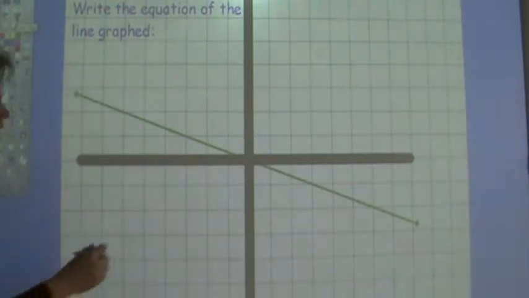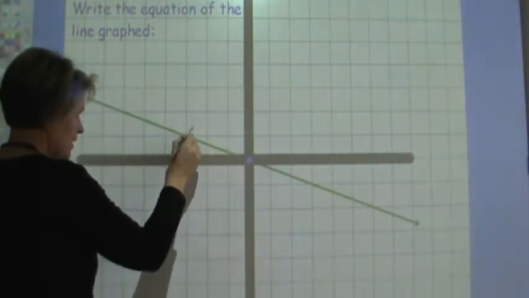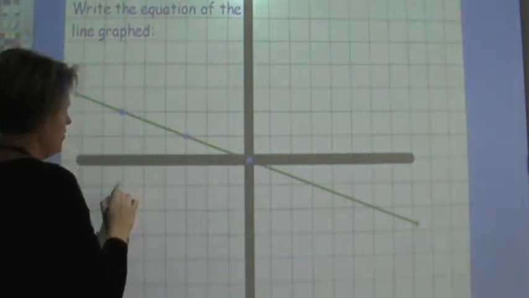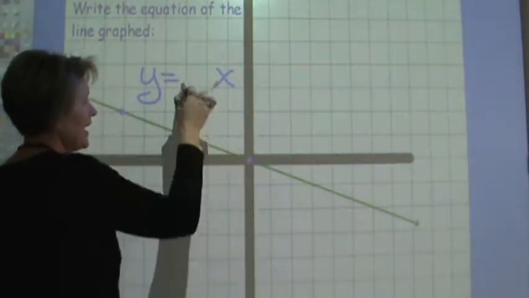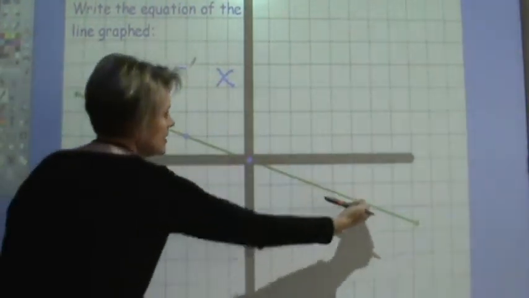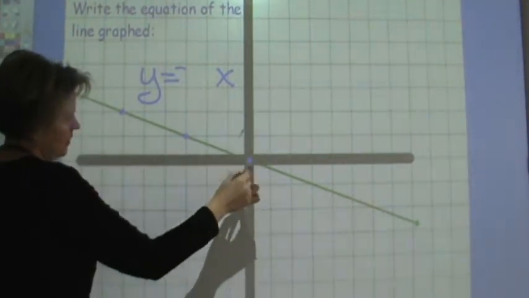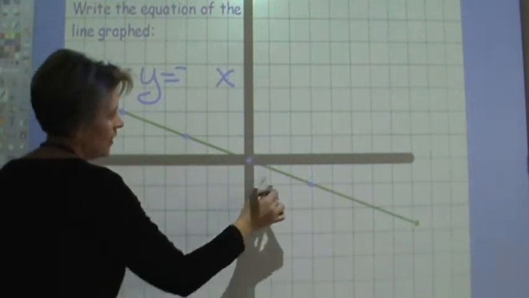Write the equation of the line. Again, let's find a good spot to count. Looks like maybe here. Yep. So my slope, again, it's y equals something x. It's negative because it's decreasing in value. Looks like we're going 1, 2, 3, so down 1 over 3.